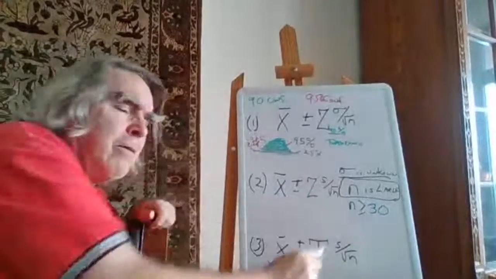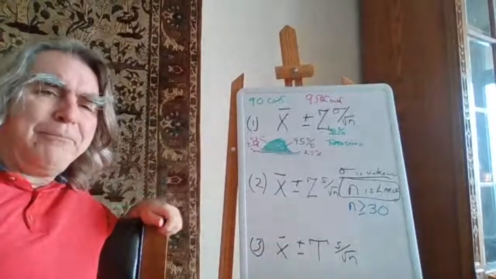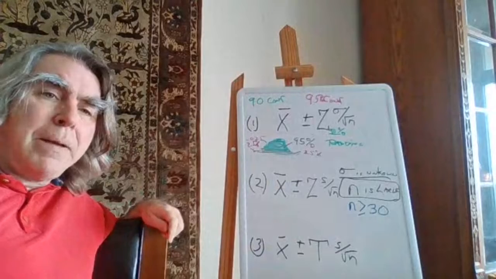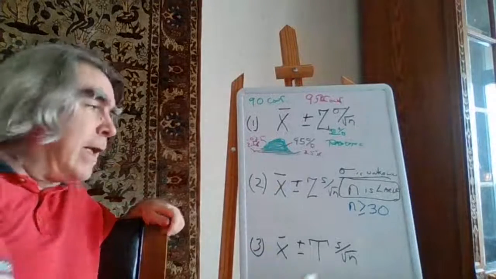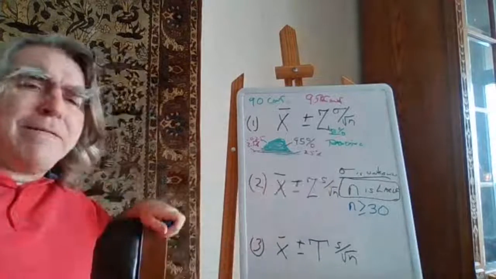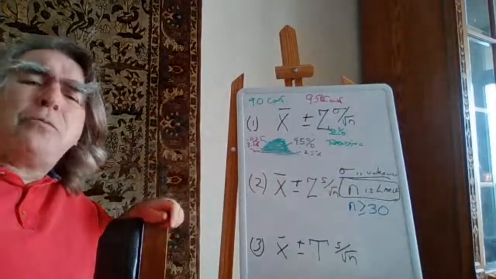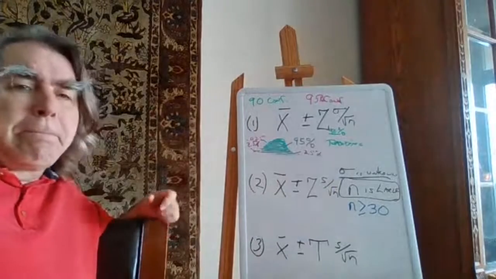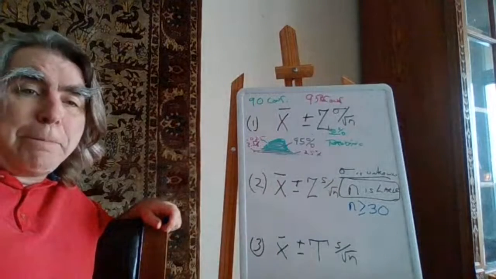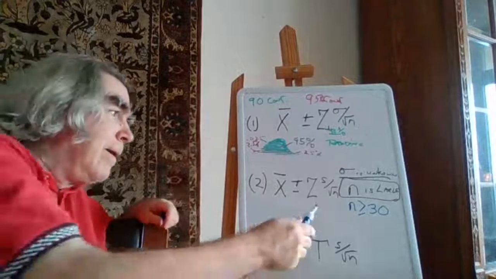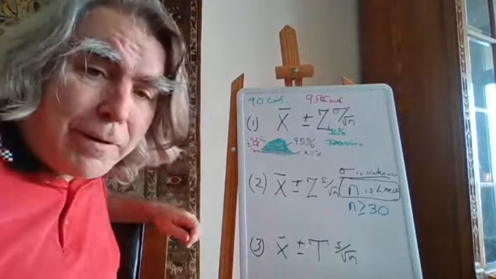If n is 30 or more, what we are going to say is our estimate of S is going to be pretty close, good enough for government work. Government and statistics work.